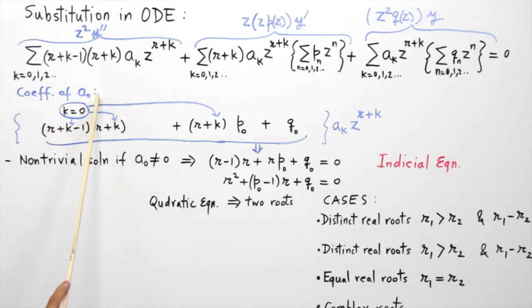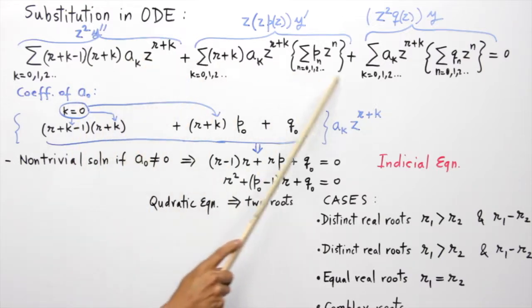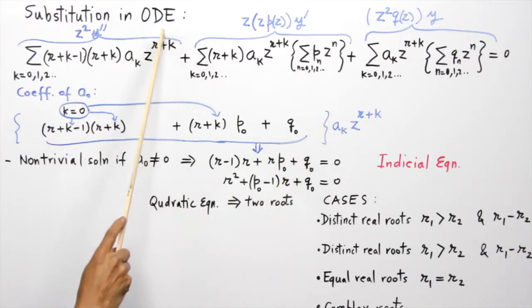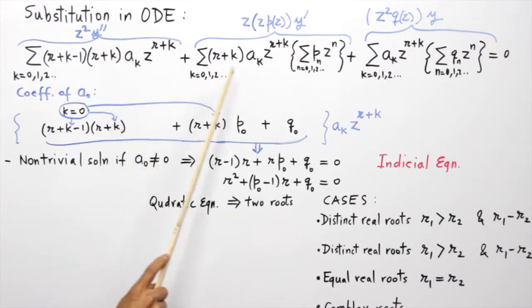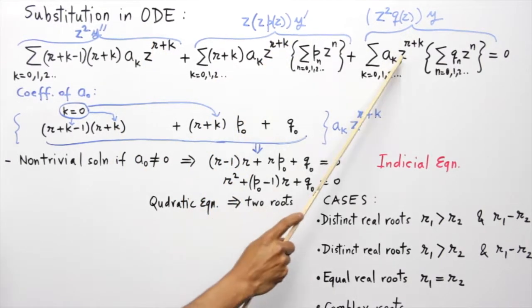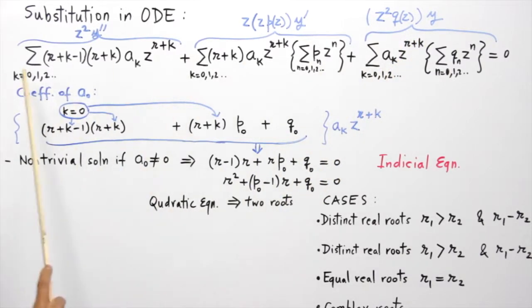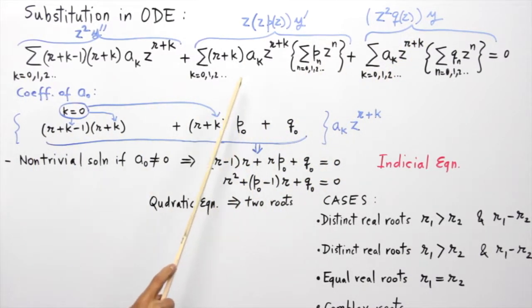So we look for the coefficient of the lowest power, which is when k is equal to 0, so that is z to the r. Of course, the way the equation is nicely written, z to the power r plus k is commonly present in all the terms, and therefore we can collect these coefficients in a simple way.